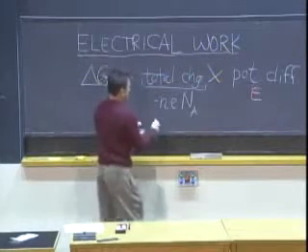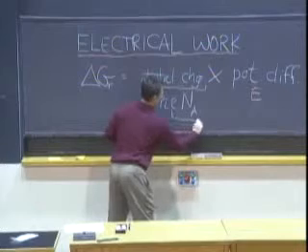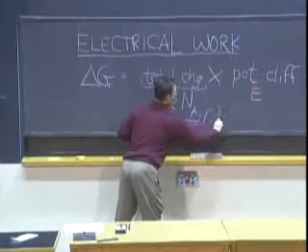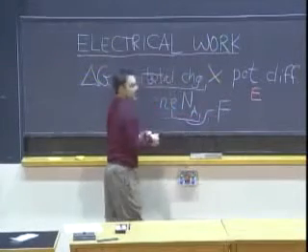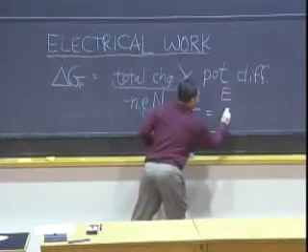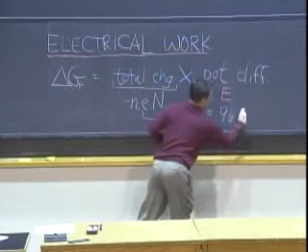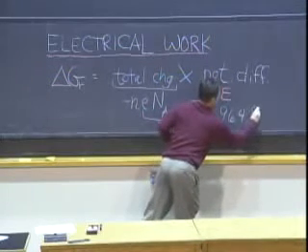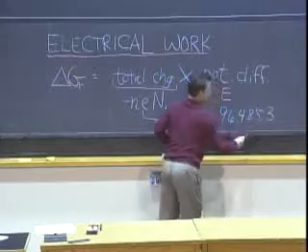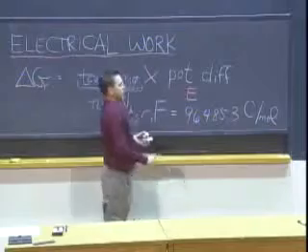And so we combine e and N_A together, and this is one of our fundamental constants. This is Faraday's constant, and you'll remember that that's approximately 96,485.3 coulombs per mole. Okay?